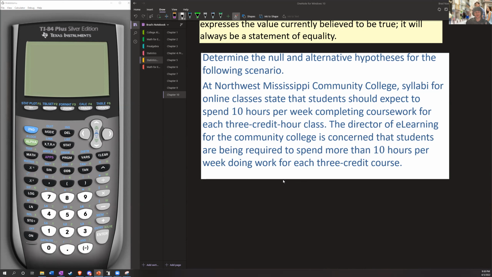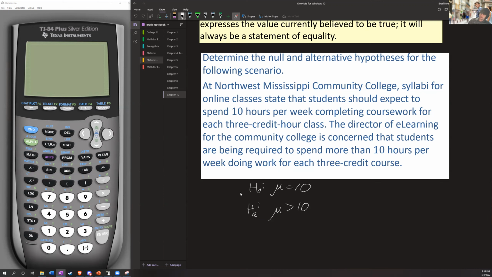That tells me that's what my alternative hypothesis is going to be. So my alternative hypothesis is going to be that my mu is greater than 10. Well, my null hypothesis is going to be that there is no difference. That is to say that it is equal to 10. Okay.